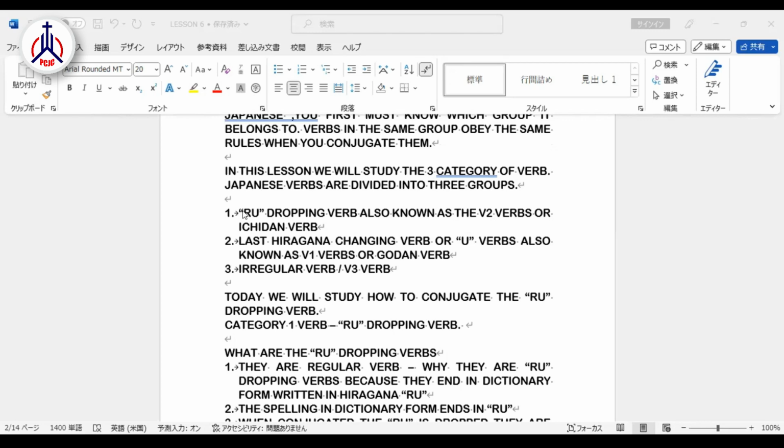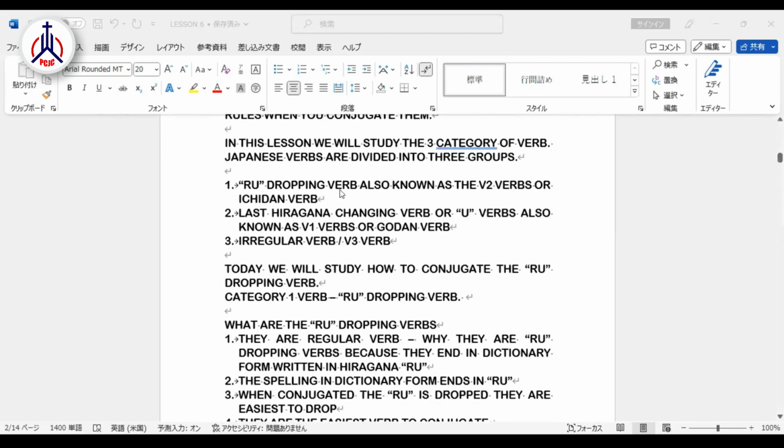This is what we discussed last Tuesday. And then today, we will discuss category 2, the last hiragana changing verb, the ending in U verbs, also known as the V1 or the Godan verb. And then the next meeting is category 3, which is the irregular verb or the V3 verb.